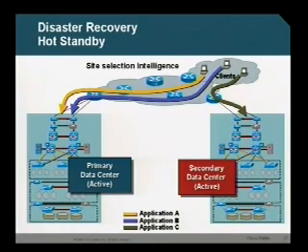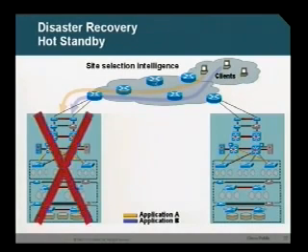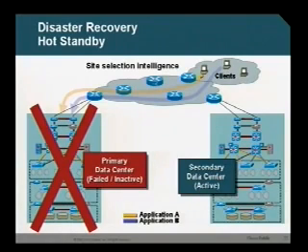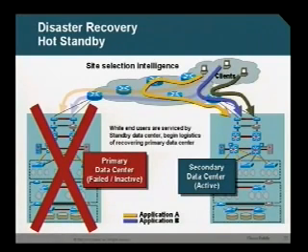We can set this up so that all the applications are hosted on both the data centers, or some applications, as in this case, are hosted in the primary data center, some in the secondary data center, and we have the backup for each application on the other side. So if your primary data center goes down, the secondary data center is going to start servicing all the applications.